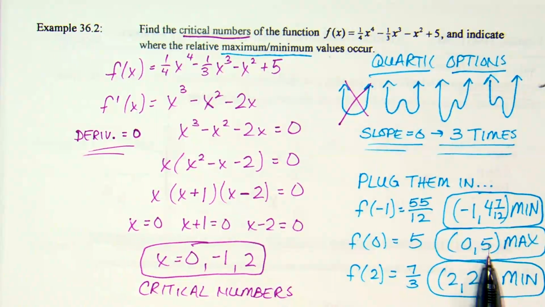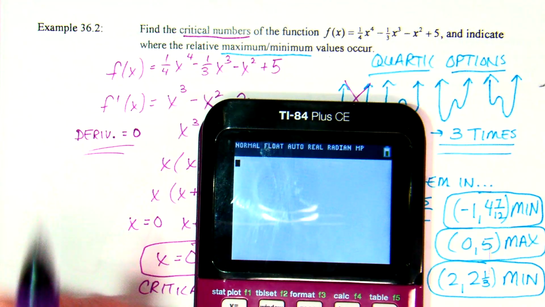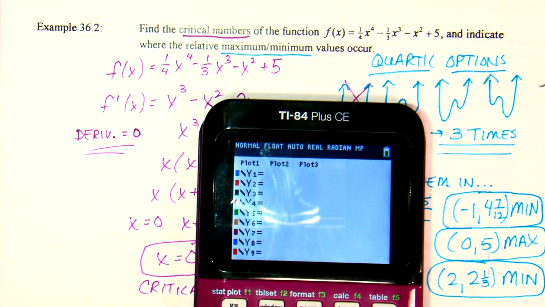The y value in the max has to be the highest y value out of all these, right? Otherwise, we've done something wrong. Did anyone graph this?